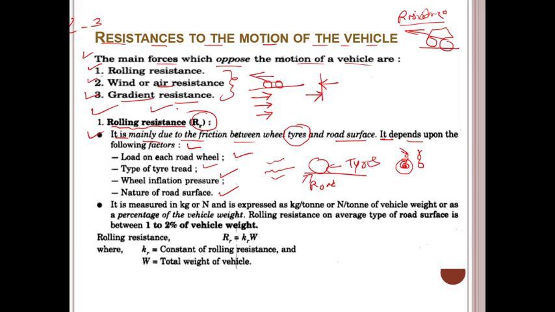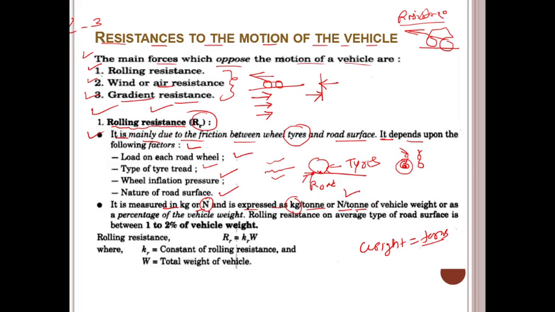Now, if you observe in that figure, the third point is that the resistance is measured in kg or newtons, and it is expressed as kg per ton or newton per ton, because we know the weight of the vehicles is in huge tons, and how much friction there will be between the road surface and these tires.